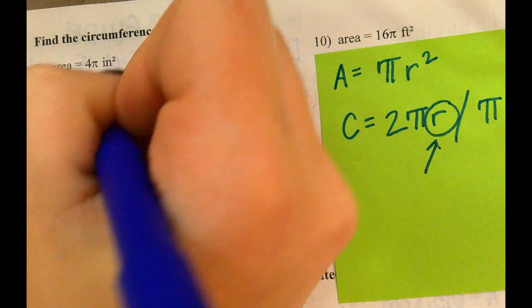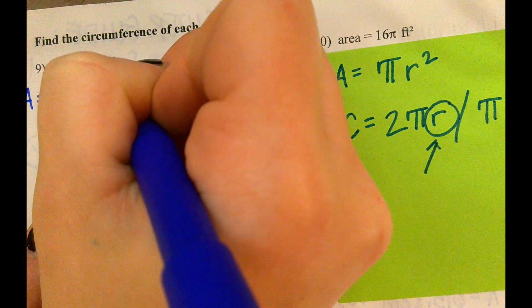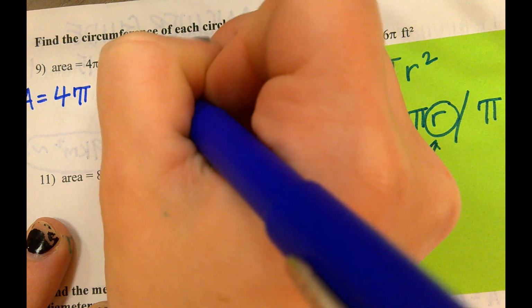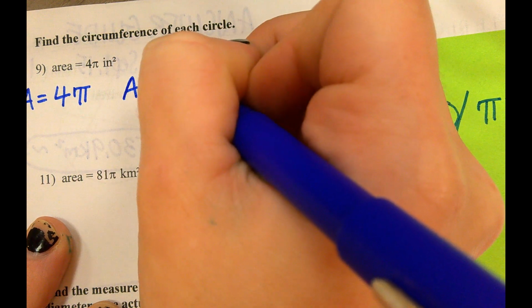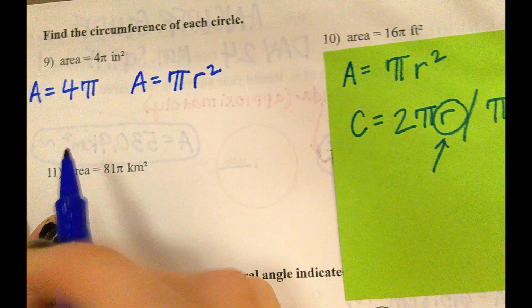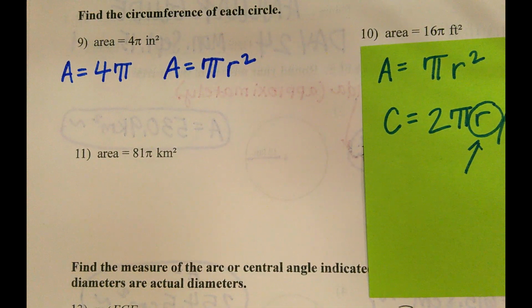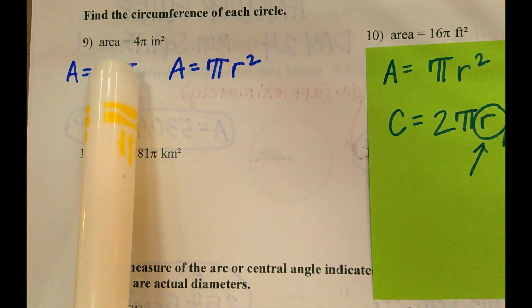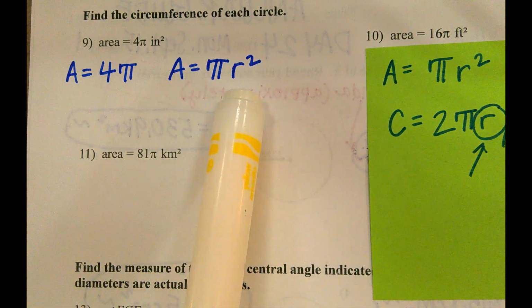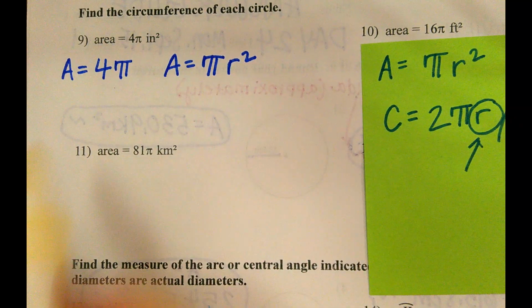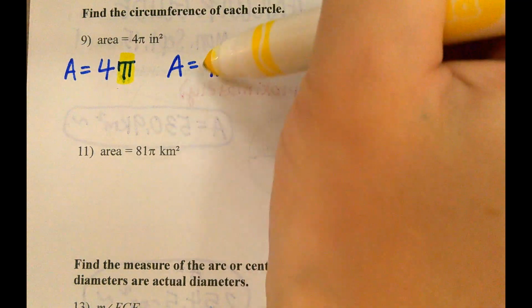So I know that area is also pi times radius squared. Here's what we're going to do. We're going to look at both of these two equations that I have written here, because that's what these are. These are equations. And I'm going to notice, what do they have in common? They both have pi.